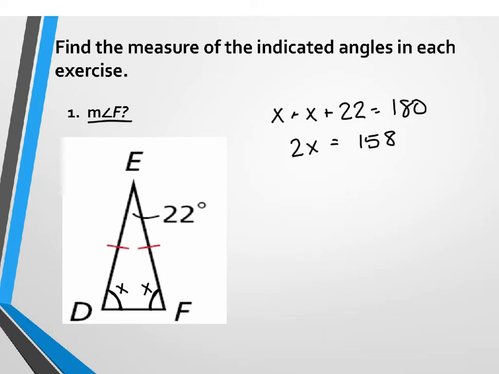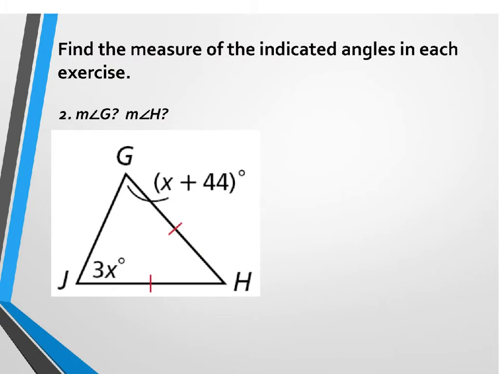Then divide both sides by 2, and we get x is equal to 79, which means the measurement of angle F is equal to 79 degrees. And that's how we find missing angles inside our isosceles triangle. Let's do another example.